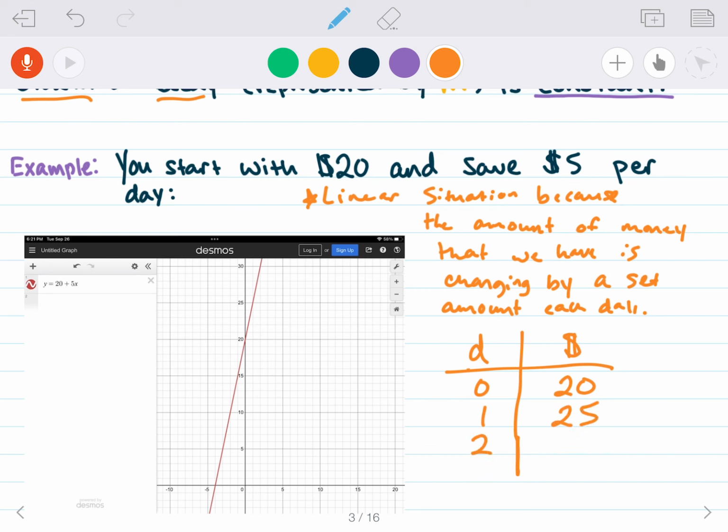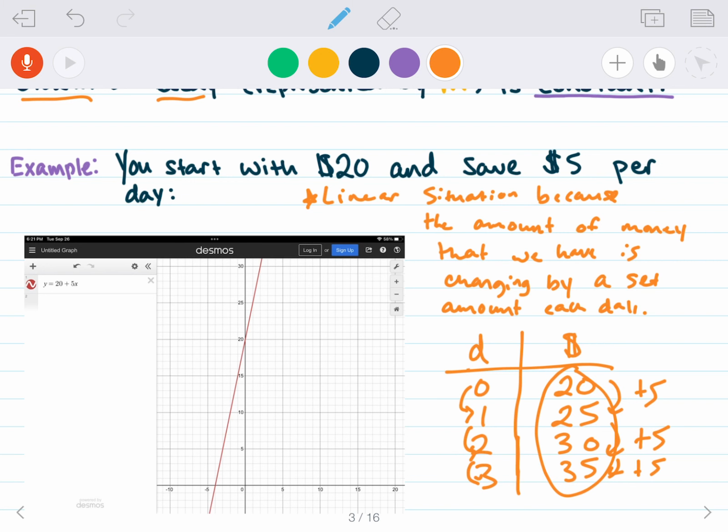On day 2, we have $30. Day 3, $35. And we can see that we're increasing by a set amount. We're increasing by $5 each day that passes. So that's what makes linear functions special, is that the amount that we're increasing or decreasing by per unit of time is always the same.